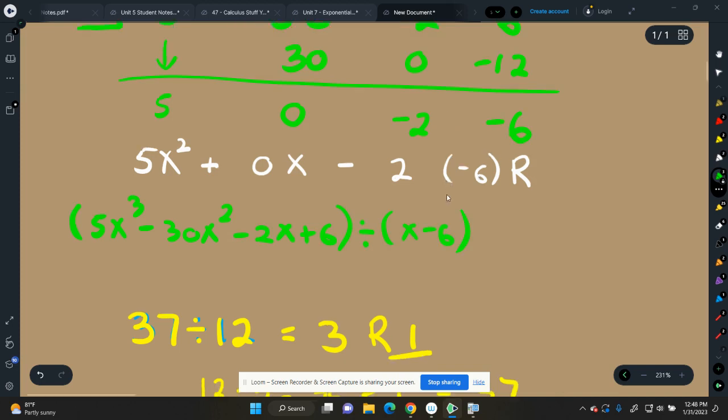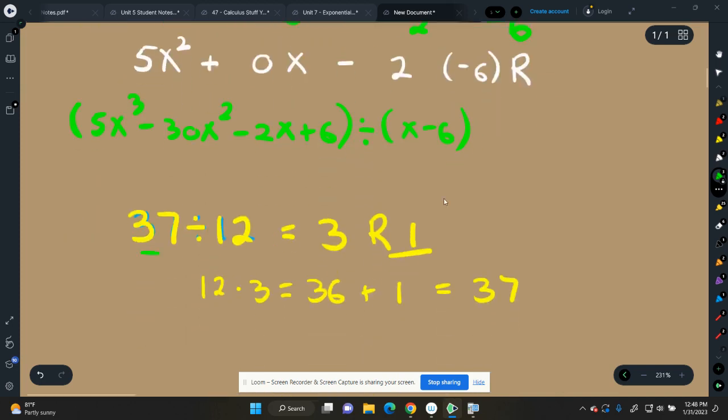See how it looks the same? 37 divided by 12, that equals 5x squared minus 2 with a remainder of negative 6. Everybody follow that? Give me a thumbs up or thumbs down. What does this mean?